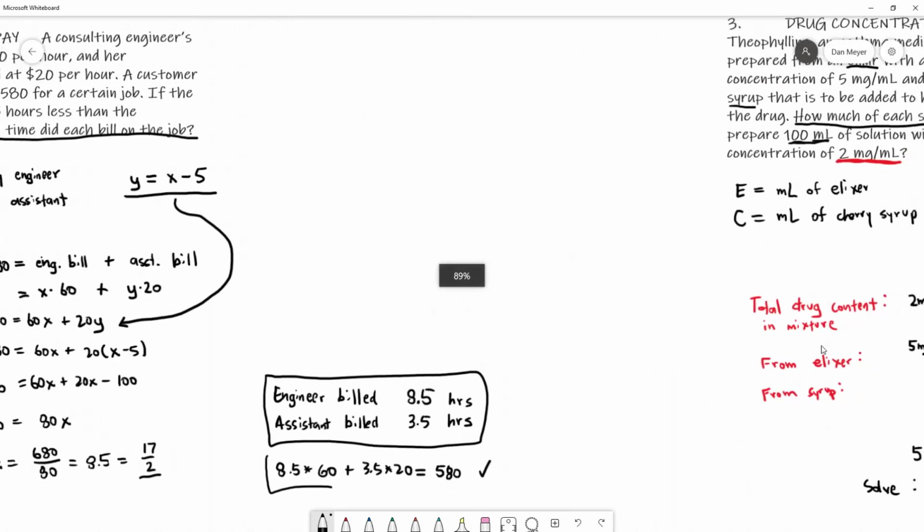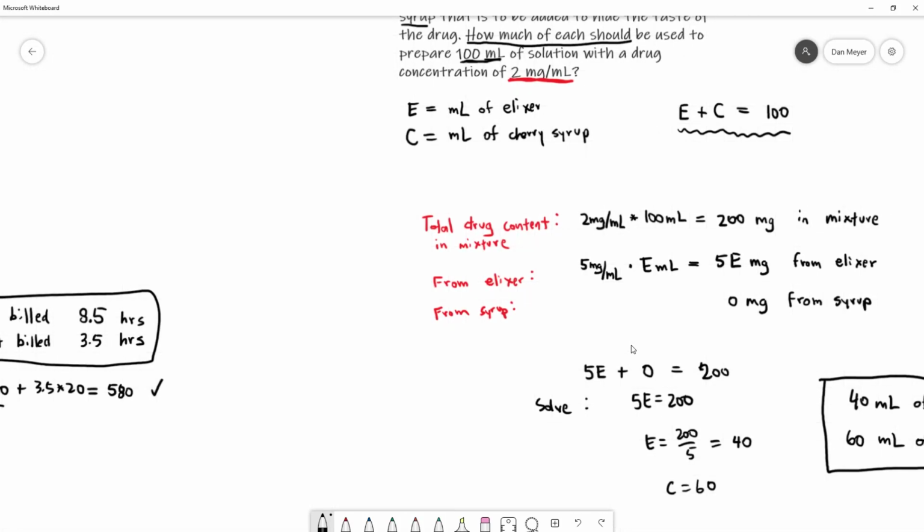Over here, the total drug content would be the elixir's rate times its amount plus the syrup's rate, which happened to be 0 here. And I guess we could have put the 0 times C if we wanted to. The syrup's rate times its amount.